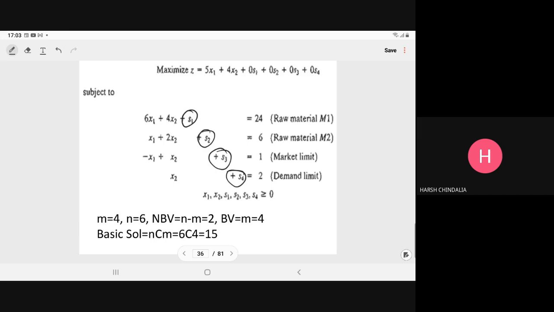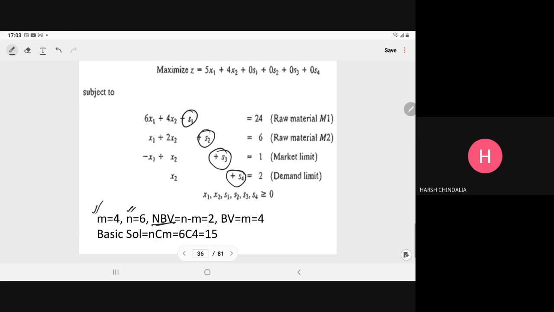So now presently we have a total of four equations, m = 4, and a total of n variables: x1, x2, s1, s2, s3, s4. So from the theory we know that n minus m variables we consider as non-basic variables.